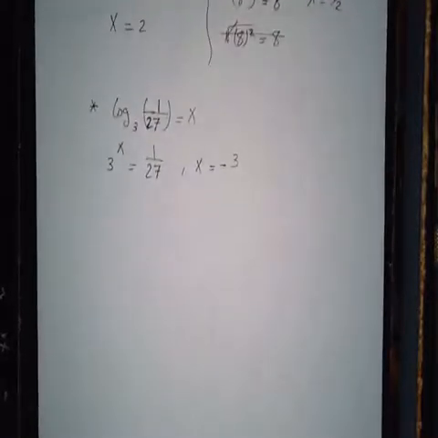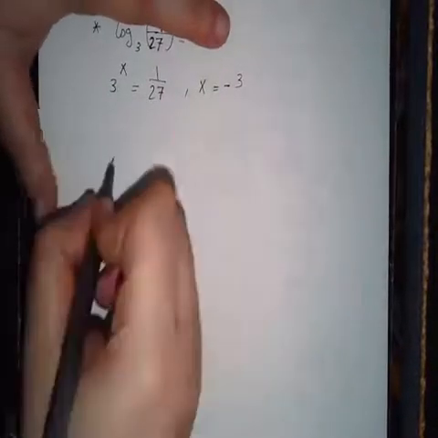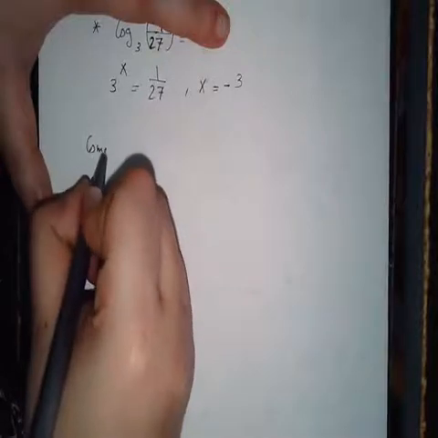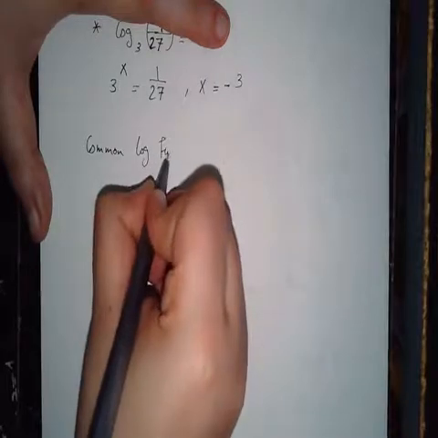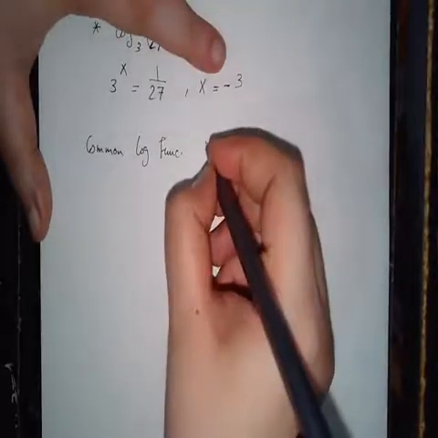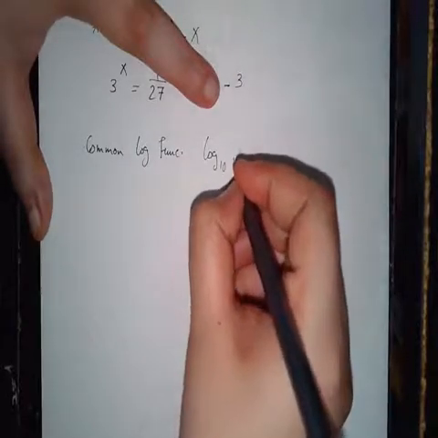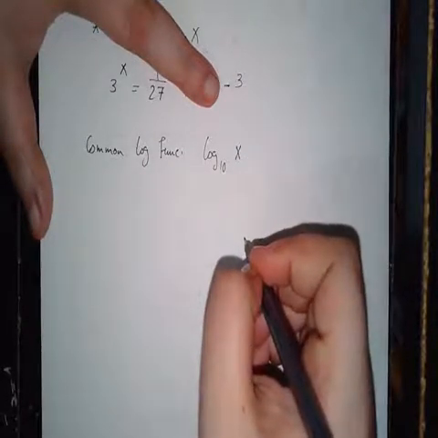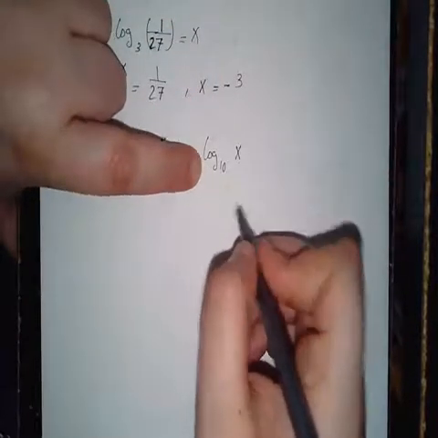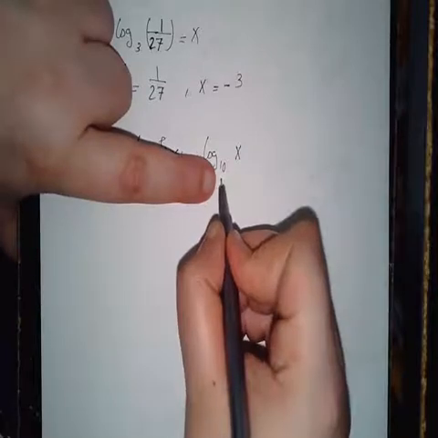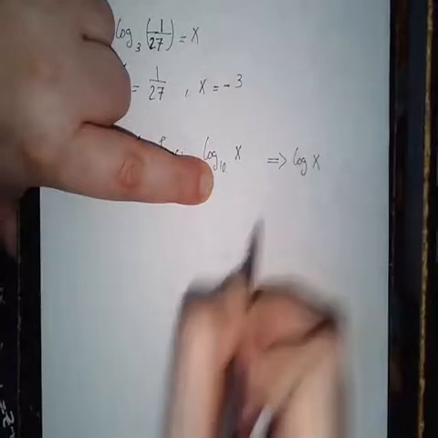Now, let me give you a few notes. This is what we call a common logarithmic function. So whenever you have log base 10 of x, if I give you a function where the logarithm is base 10, this is written as log of x, just like that.